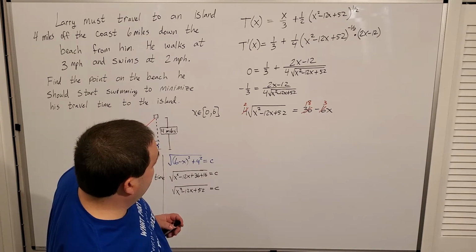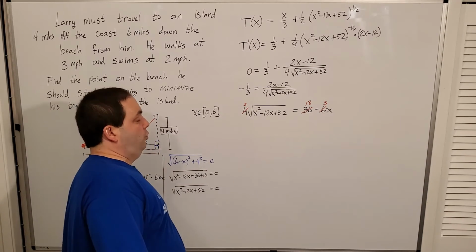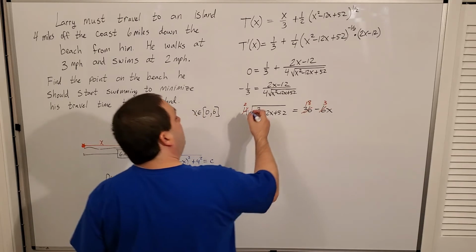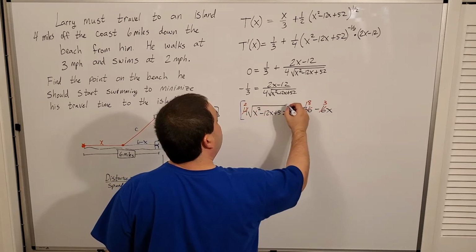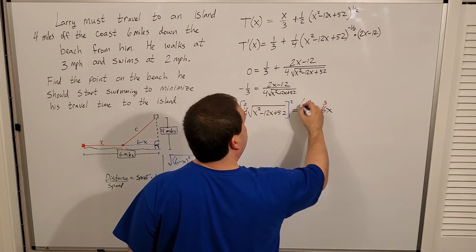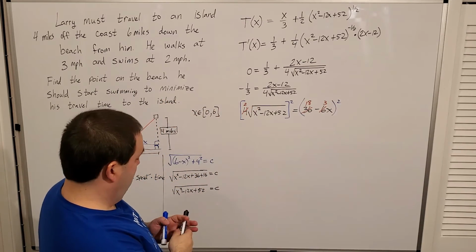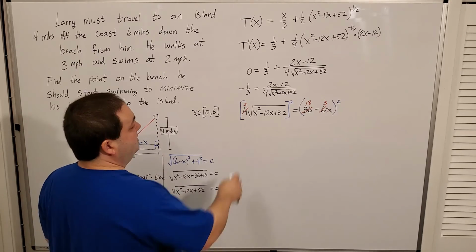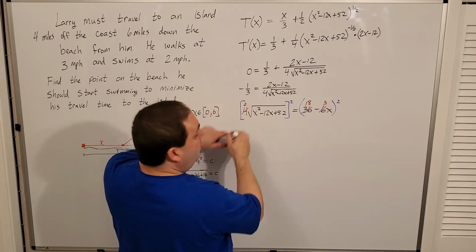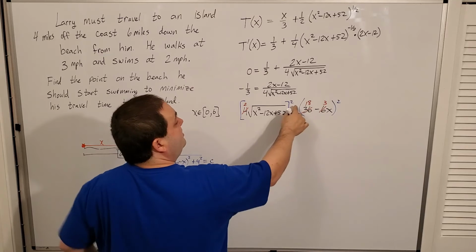Okay, now what I'm going to do is get rid of the square root, which means I'm going to have to just square both sides like this. Square both sides. Now, since this is a 2 times the square root, it's okay to just square it separately.